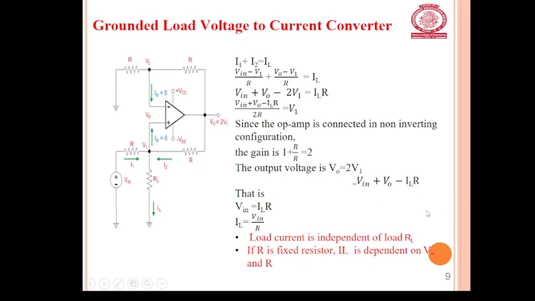So, if we substitute this value in this equation, it will become Vin equal to IL into R, that is IL equal to Vin by R. That indicates that the load current is completely independent of the load resistor RL, and if R is fixed, IL is dependent on Vin and R.